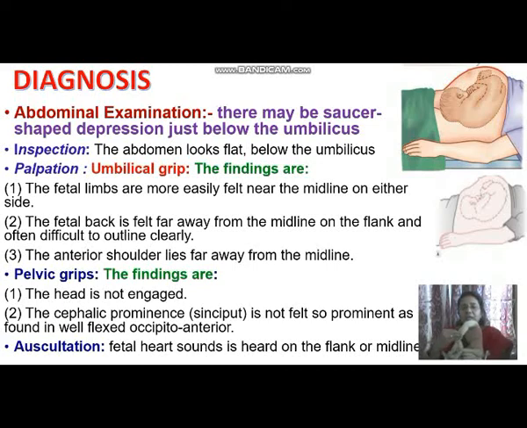Usually we hear the FHS just between the umbilicus and the anterior superior iliac spine; if we draw an imaginary line, we can hear the FHS there. But in the posterior position, sometimes we can hear it in the midline because the chest can be heard there. Otherwise, it can be heard in the flank. This is the diagnosis of posterior position.